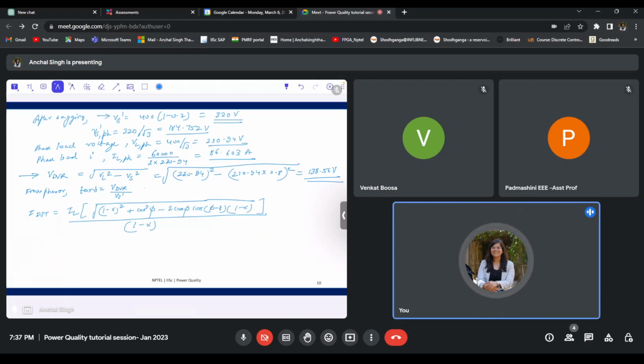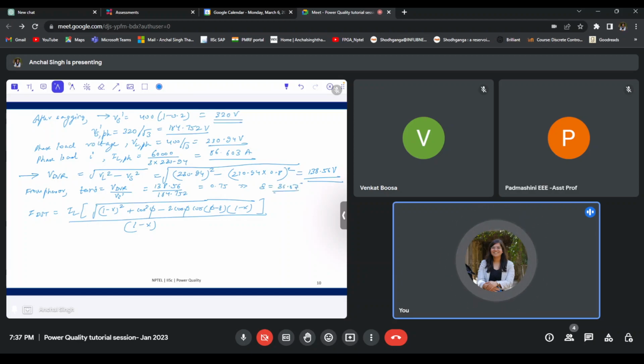So this will give me 138.56 by 184.752, which will give me 0.75. And using tan inverse 0.75, I can get delta as 36.87 degrees.